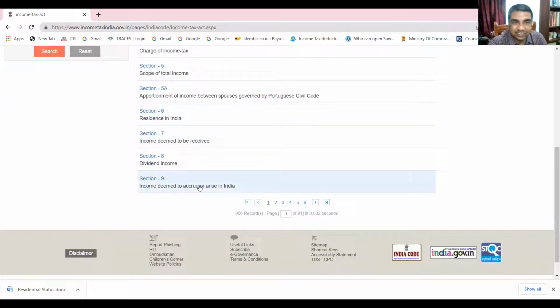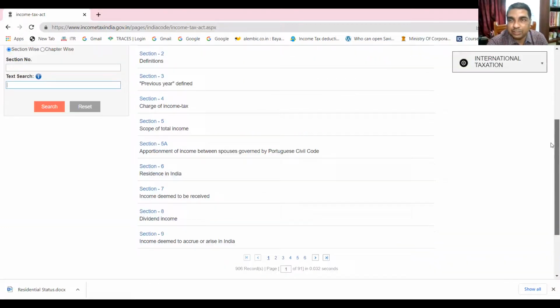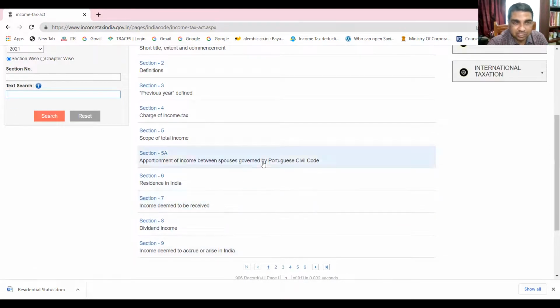Section 9, income deemed to accrue or arise in India. So if you read these sections, you'll be exactly able to know the points we are discussing or will be discussing. First of all, section 6, section 7, section 8, section 9, we'll be discussing.